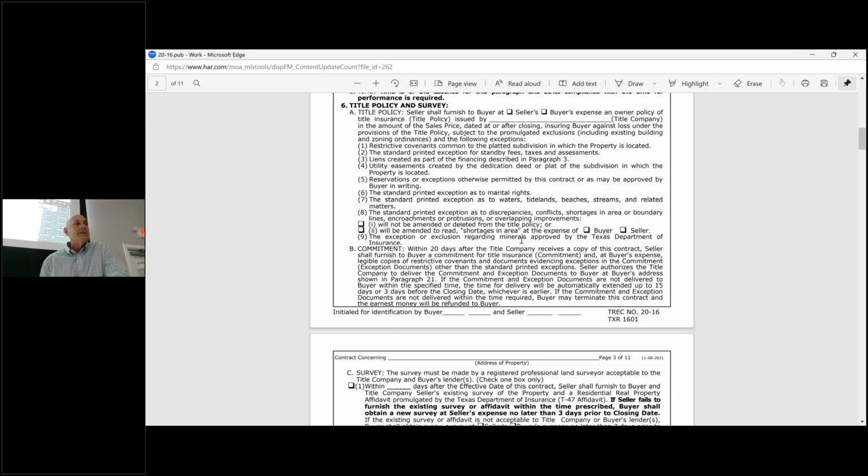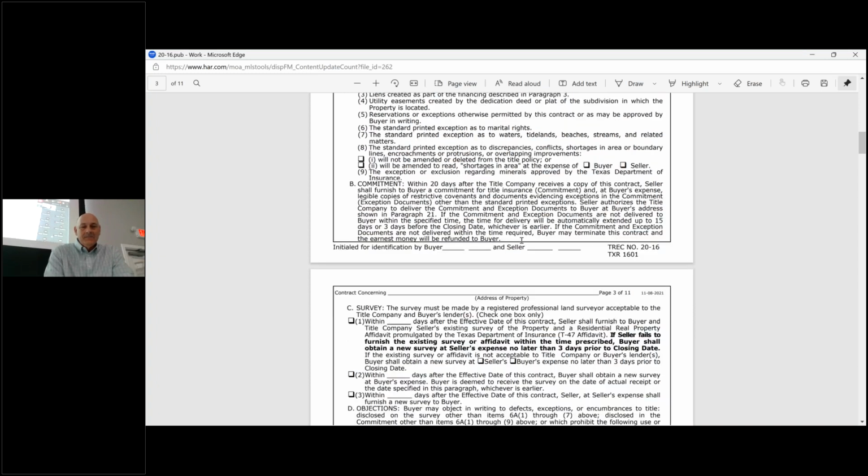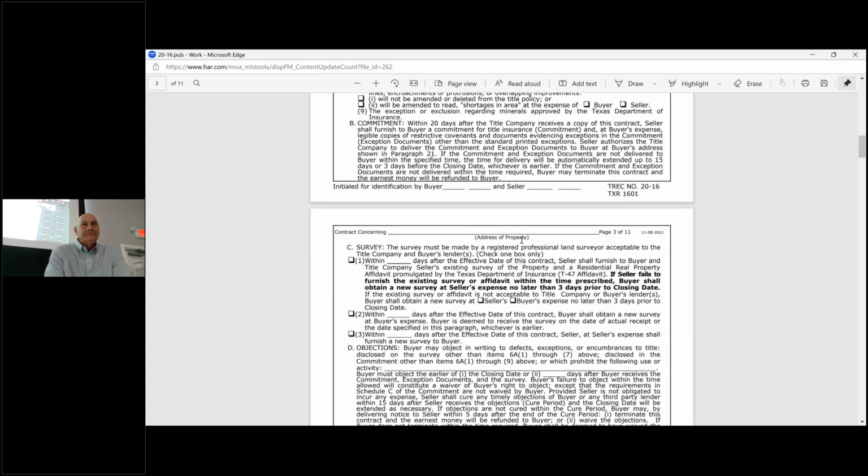Wow. Somebody tell me what that means. Oh, yeah. Okay, Annie, what does that mean? So if a fence has been moved per se, or a patio has been extended into an encroaching, then it should be amended so that the title is current and accurate, and it would be negotiable with the buyer.